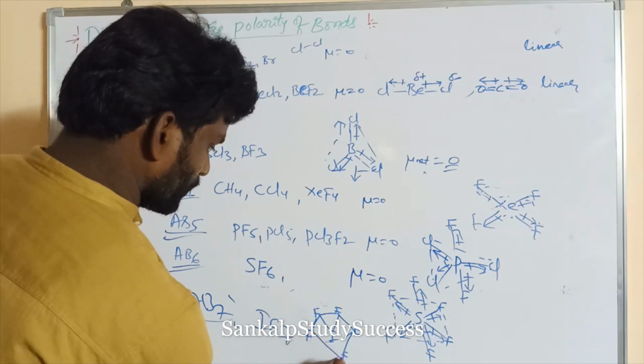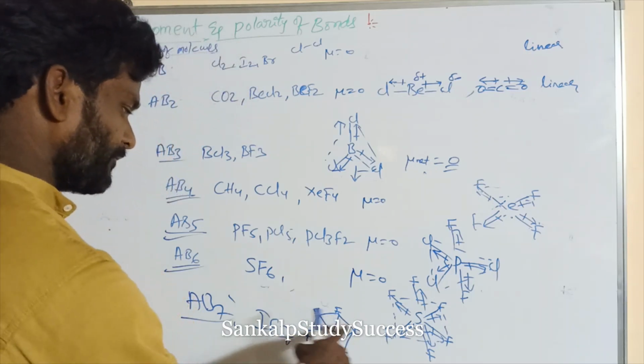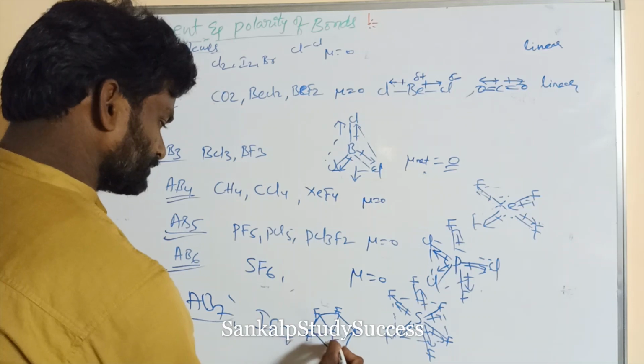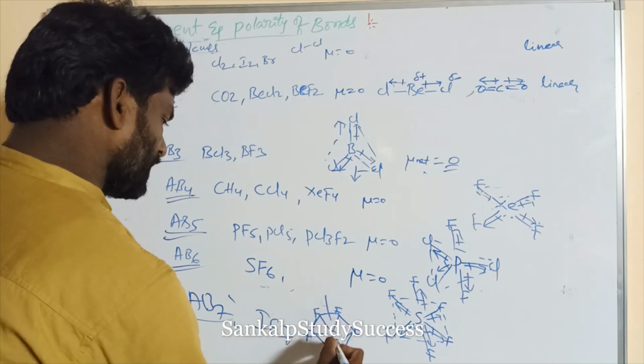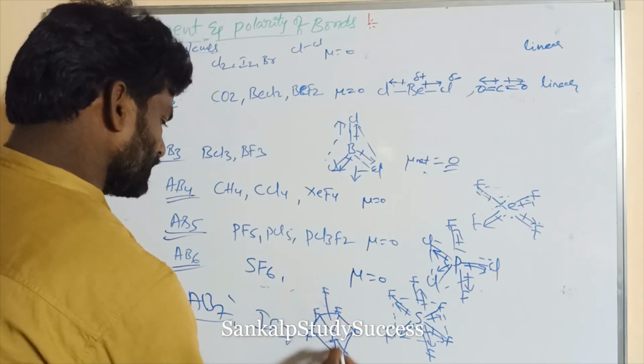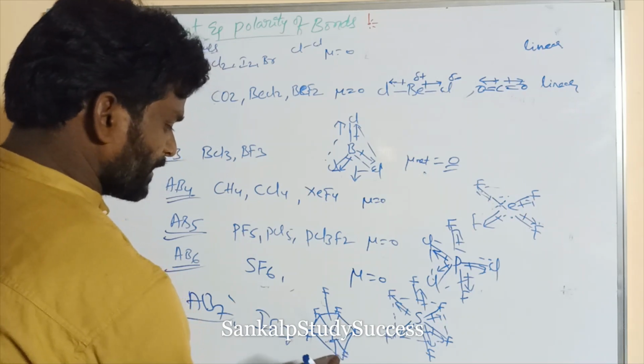This is pentagonal. These are the 5 fluorine atoms. One is above, another one is below. So that is pentagonal bipyramidal.